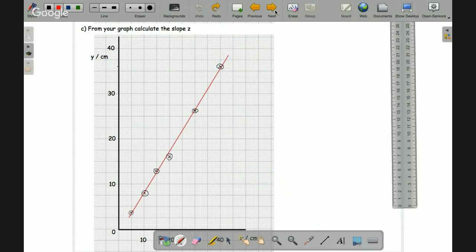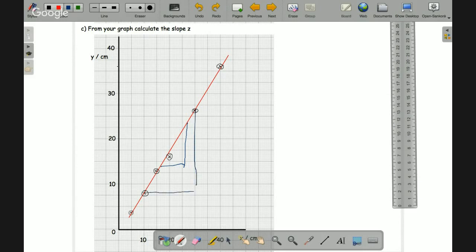And then they said you needed to calculate the slope. Remember how to calculate the slope? You need to draw a fairly large triangle. I have 2 points I want to make. You don't want a small triangle that looks something like this. You don't necessarily want to use the points plotted.